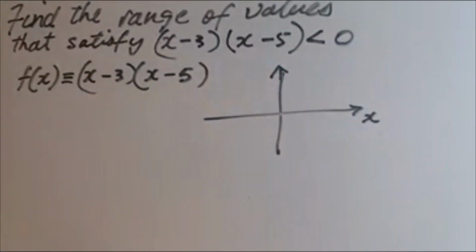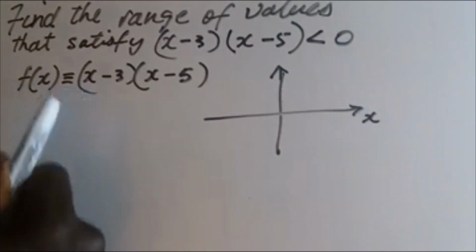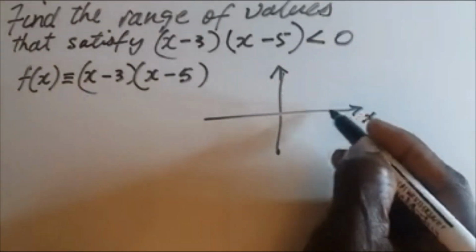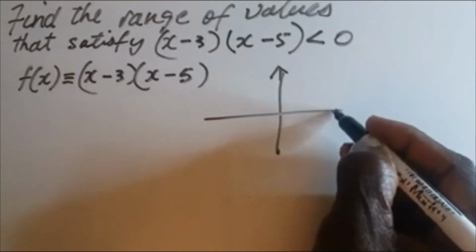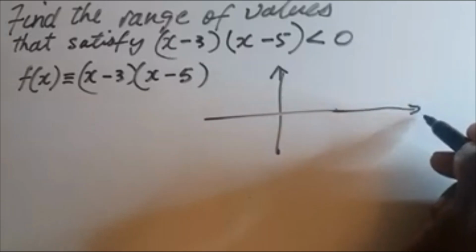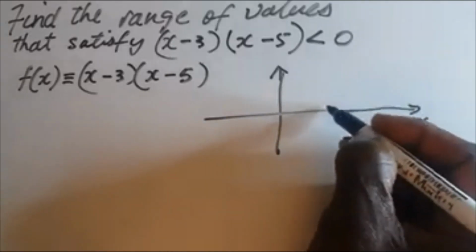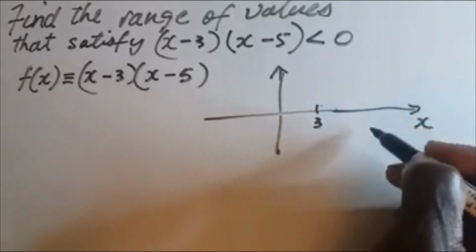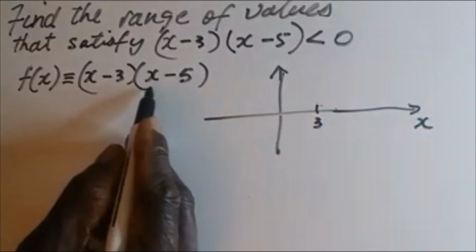Now the zeros in this function will be at 3. Let's make this a little longer. Will be at, let's say here is 3 and 5.